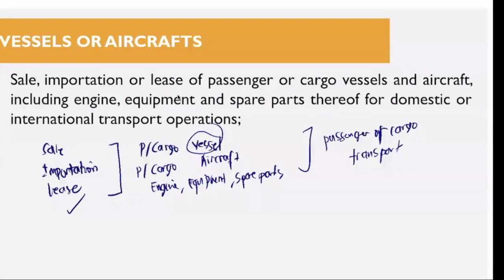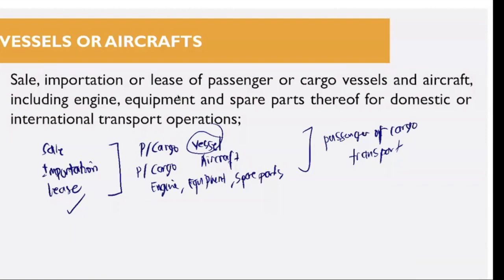No. Because normally, the yachts of people like Willie Revillame or whoever has a private yacht, what they do there is not for passenger or cargo operations, but it is for luxury already. Since it is not for passenger or cargo, it is considered taxable.